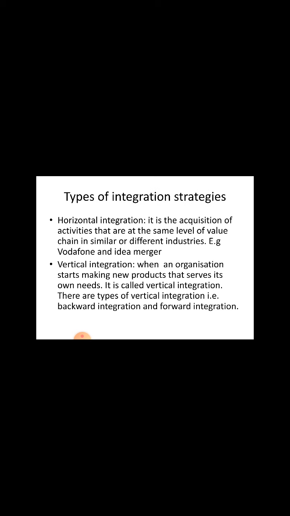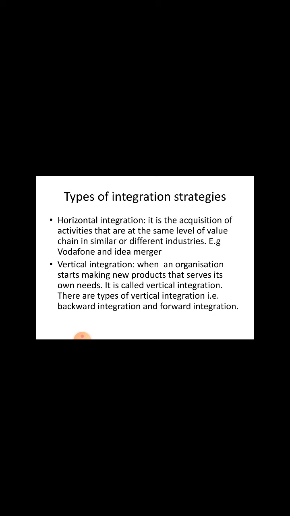Now let's move on to types of integration strategies. The first type of integration strategy we have is horizontal integration. It is the acquisition of activities that are at the same level of the value chain in similar or different industries. In simple language, under horizontal integration, a company acquires or takes over another company dealing with similar kind of business activities.